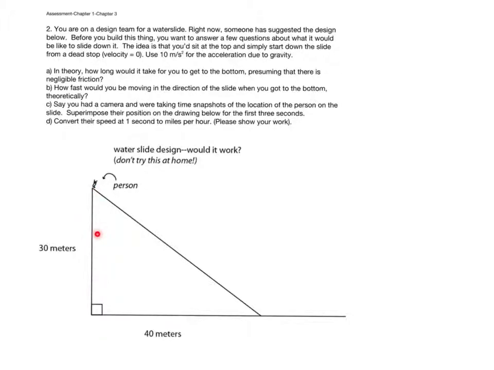So it's going to be this acceleration due to gravity here, and there's going to be a component in this direction, and perpendicular to that, a component in that direction.